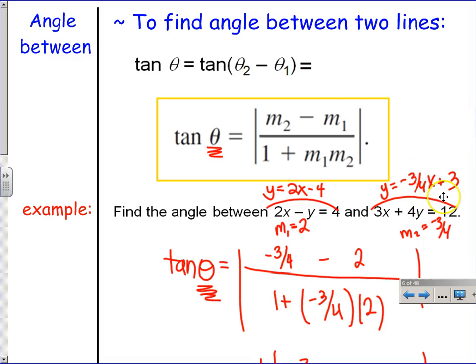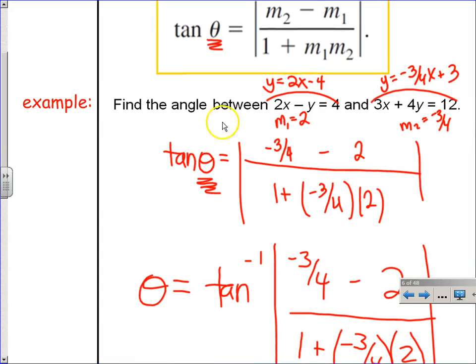So in this formula, if they're asking for, like these directions, find the angle. The angle is theta, right? And specifically the new term, it's the angle of inclination or the incline between. But we'll just say angle between. What was the very first thing I had to do to get this m to even plug into my formula? Yeah, to get in slope-intercept form, aka get y by itself, right?